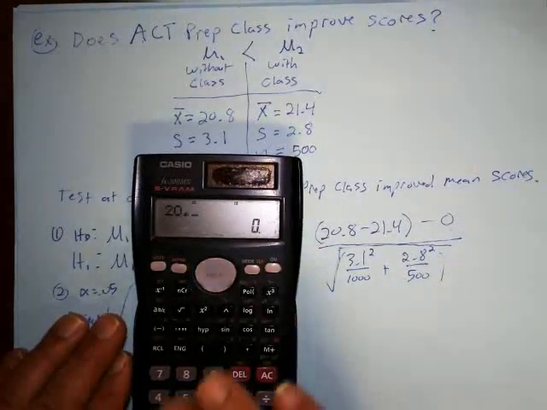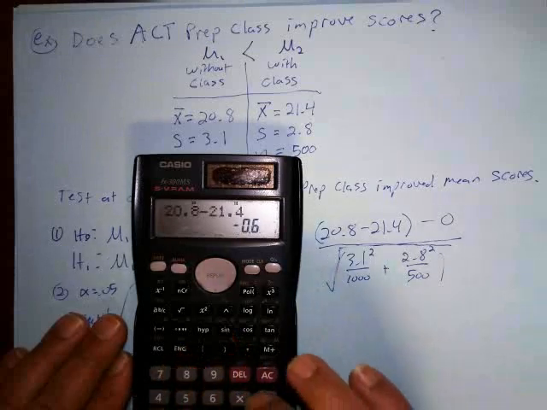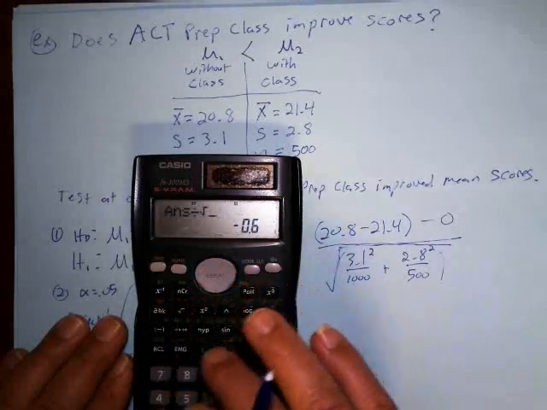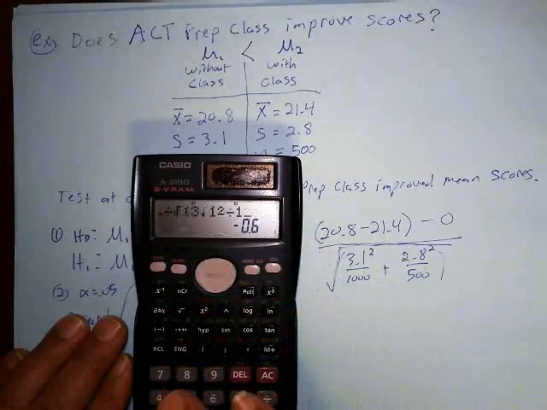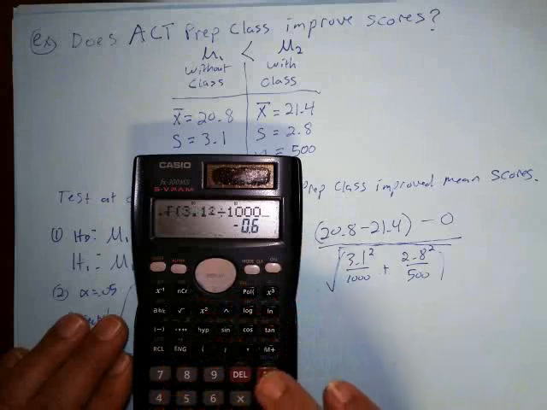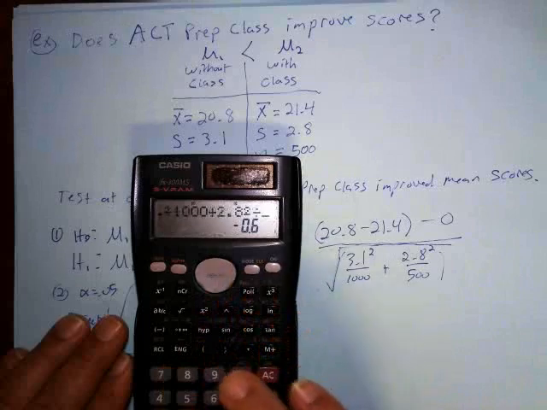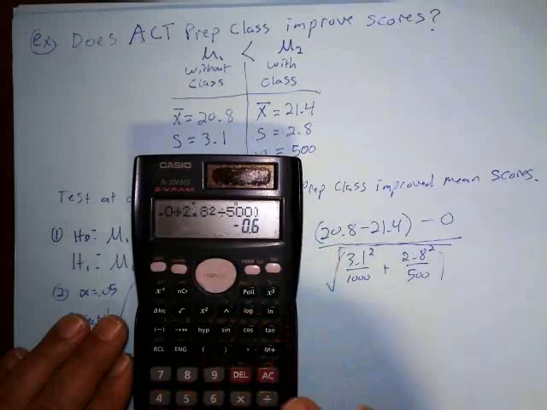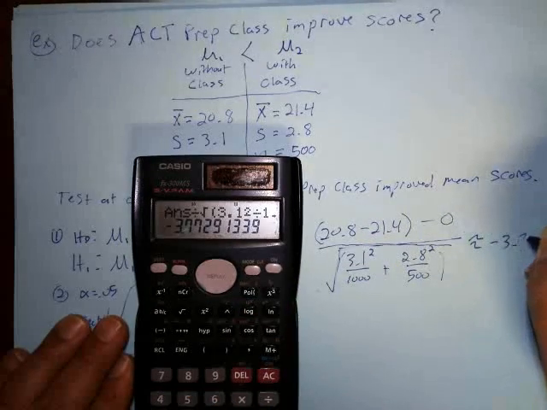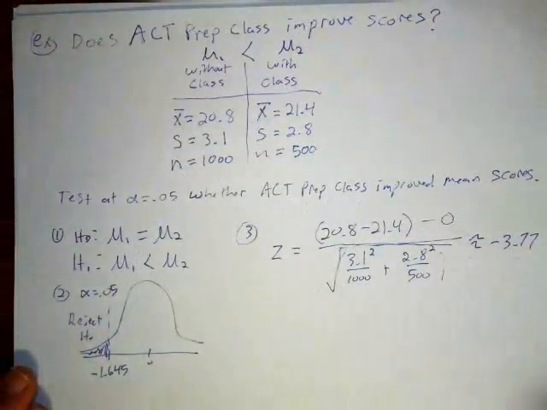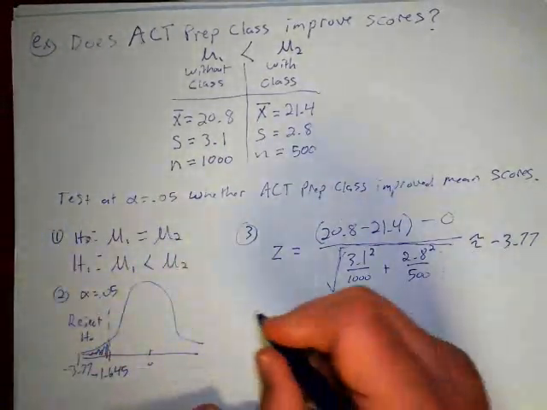So let's try it again. 20.8 minus 21.4, divided by the square root of 3.1 squared over 1,000 plus 2.8 squared over 500. And it looks like I got negative 3.77. And that is definitely in the rejection region, way over here. Clearly in the rejection region.